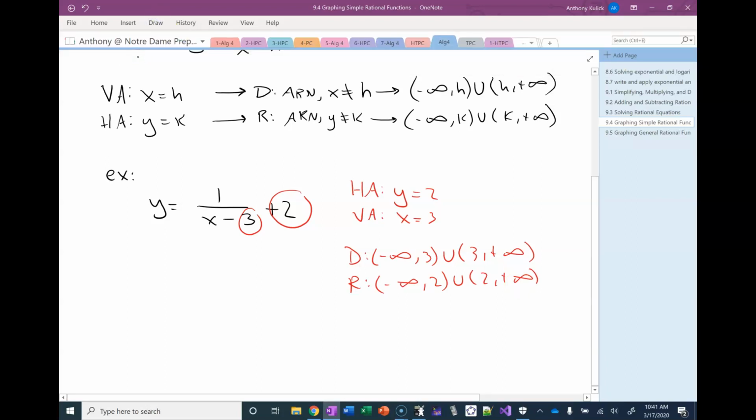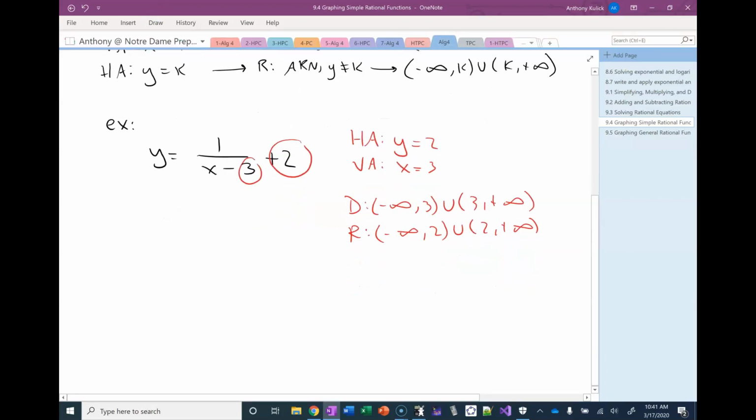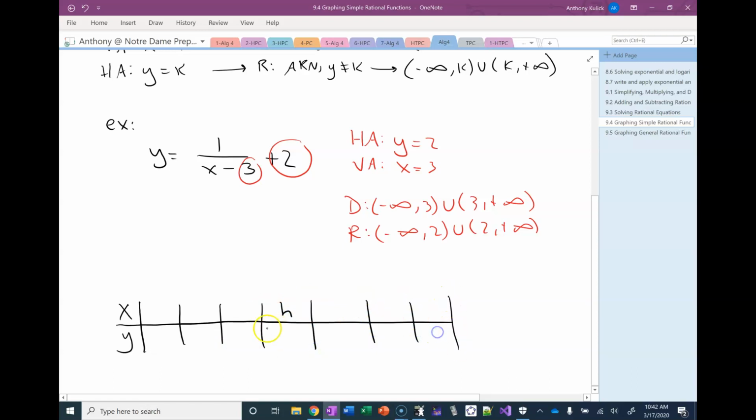So if I want to graph, what I'm going to do is make a 5-point XY table. And I'm going to put the h value as my middle point. And what I like to do after that is to fill in the y coordinate underneath it, because the h here is the vertical asymptote.